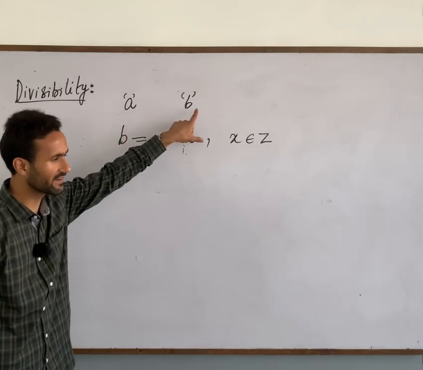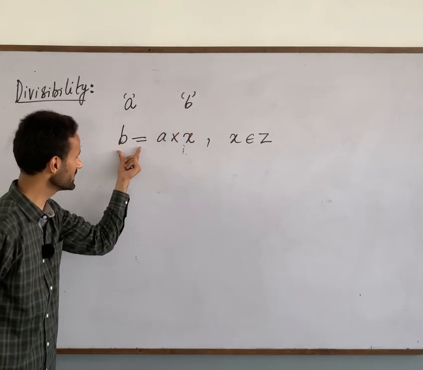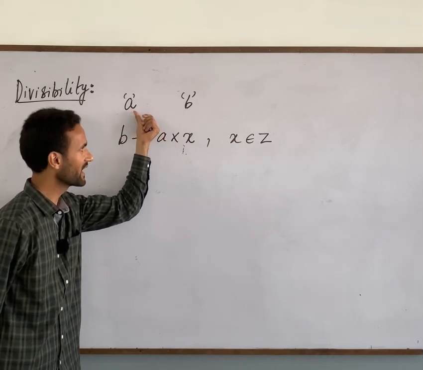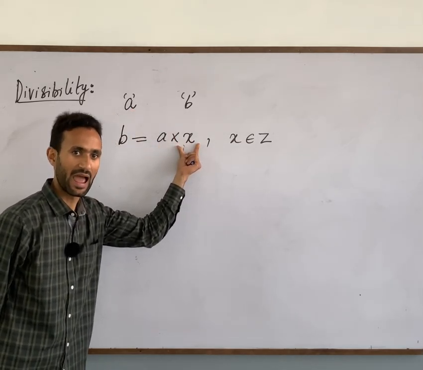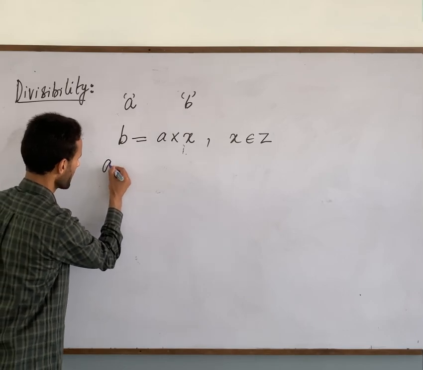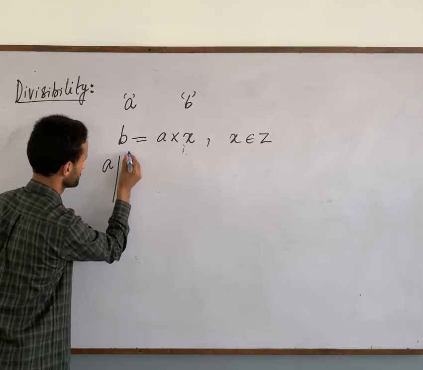So if a divides b, then we can write b as a product of that divisor and another integer, and it is denoted by a divides b.